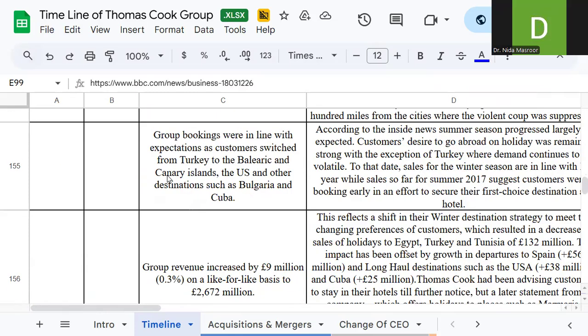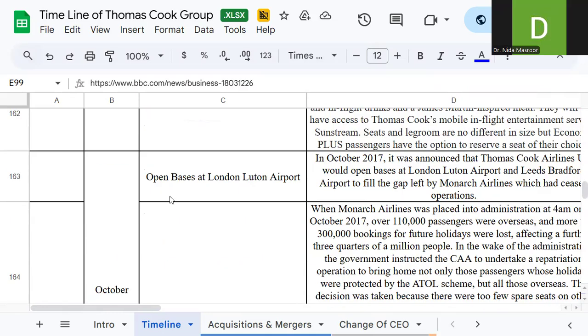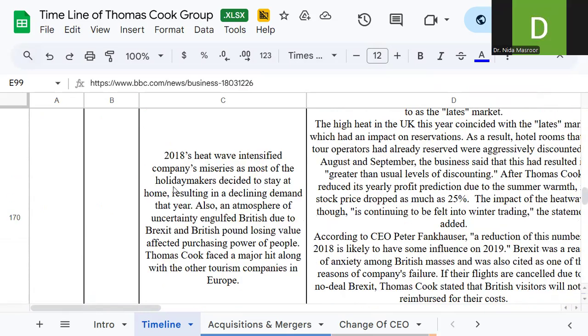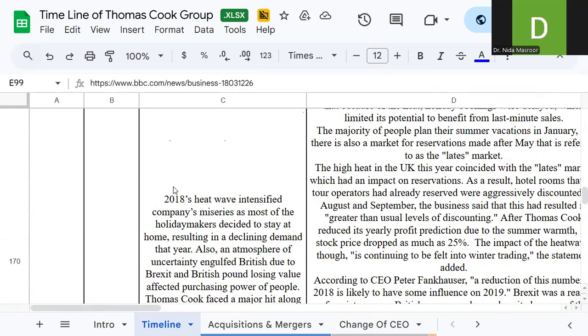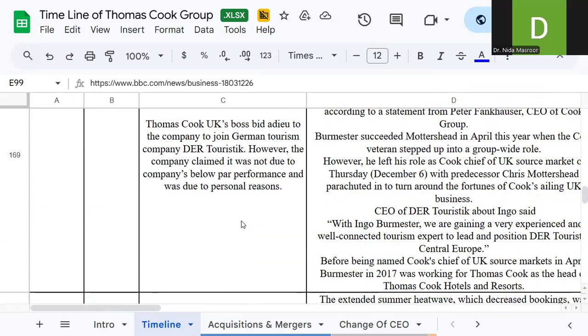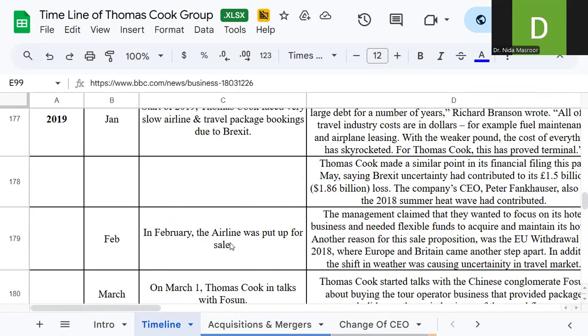Obviously, I will not go into the details of this particular company, but there were a lot of events reported during that time. What were the blunders made by the company? What kind of hurdles were faced by the company? That resulted in the bankruptcy in September 2019.